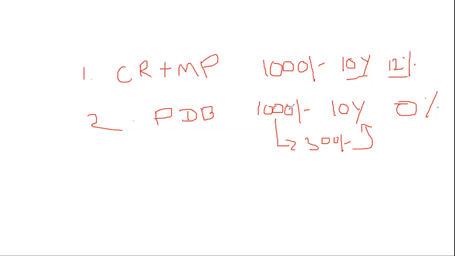After 10 years, you submit the bond to the issuing company, and you will get 1,000 rupees. So therefore, your return is 1,000 rupees minus 300 equals 700 rupees for 10 years, right?